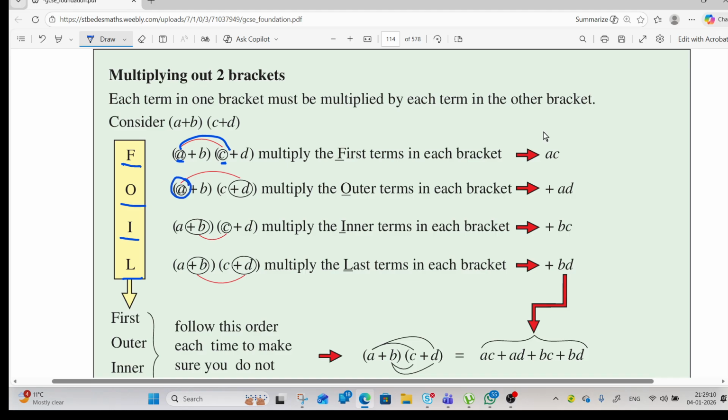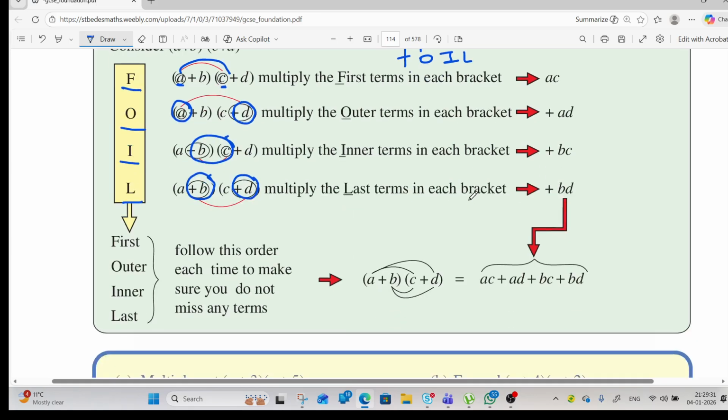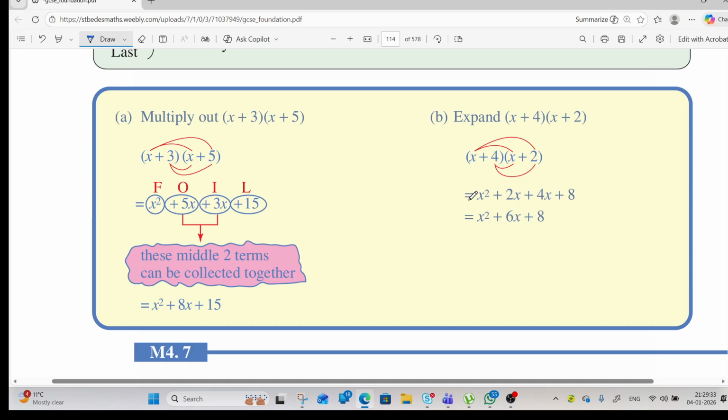Then we multiply inner terms, these two. Then we multiply the last terms. So we can just remember this FOIL to remember how to multiply out two brackets, and that's how we get the answer.